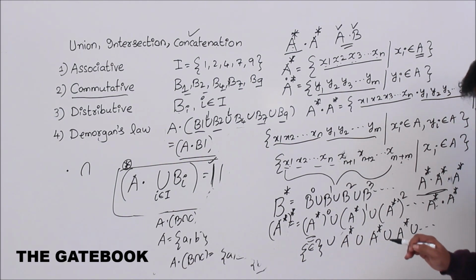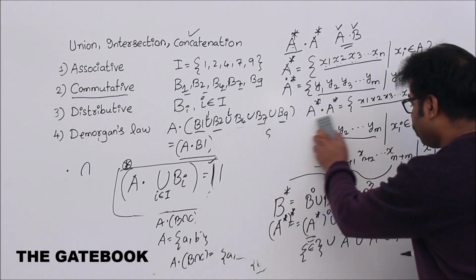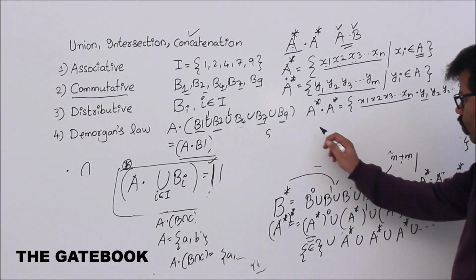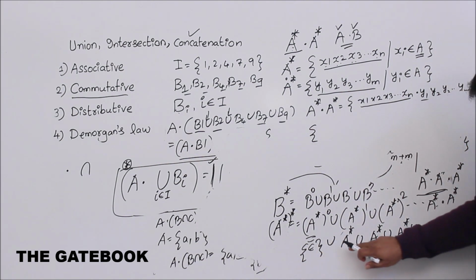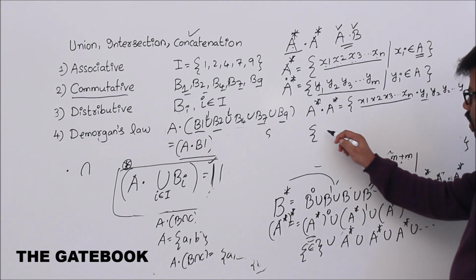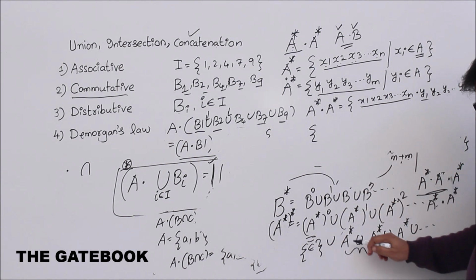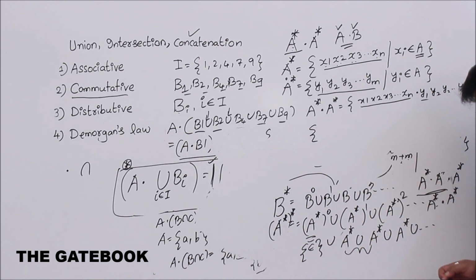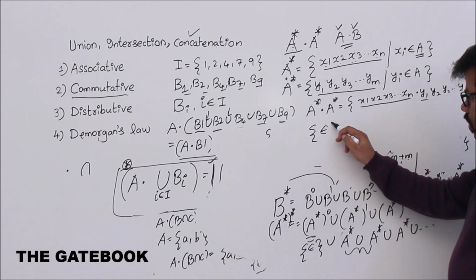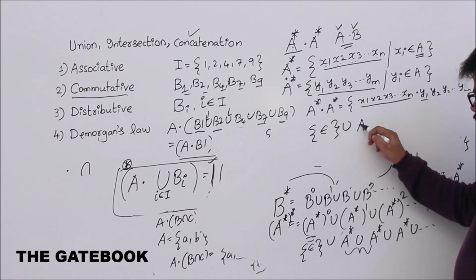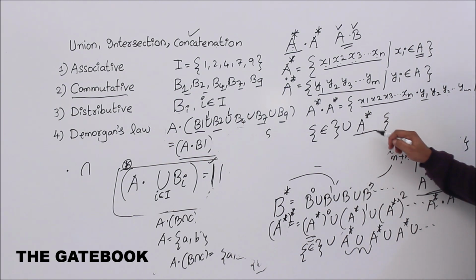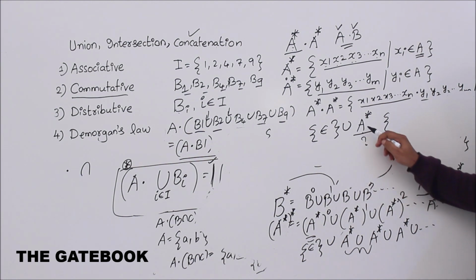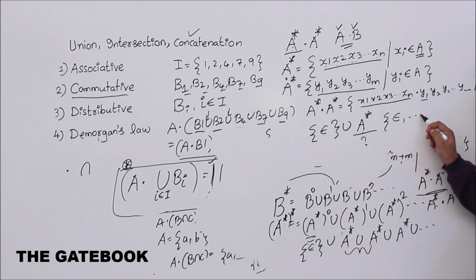Then if you do the union, you end up with only two things: epsilon union all the A stars. A star union A star is A star, so no new string is there other than the strings of A star. So I can say epsilon union A star. Let me ask a question: A star contains an element called epsilon, yes or no?